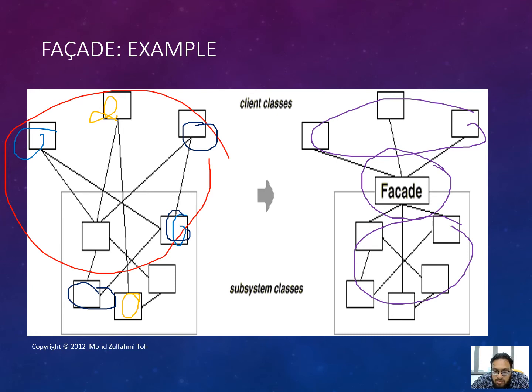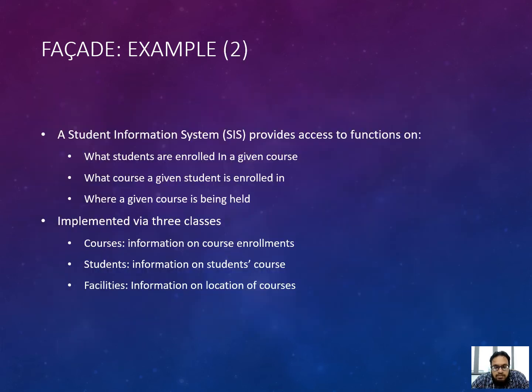So these complex modules will transfer their information to the intermediate layer, and this intermediate layer will display the output to the clients. So this is how it solves the complex system module communication.